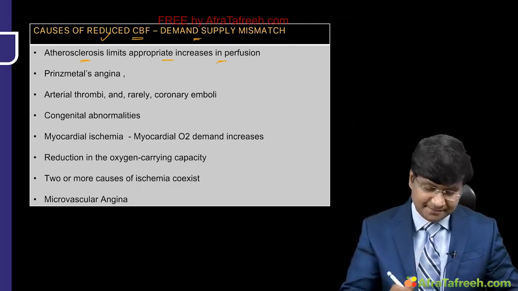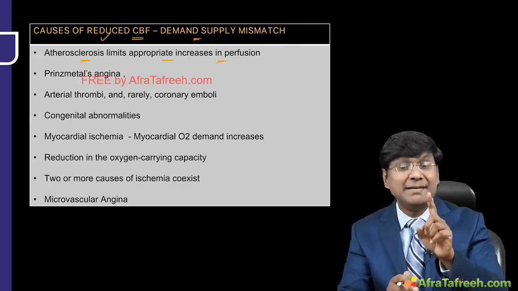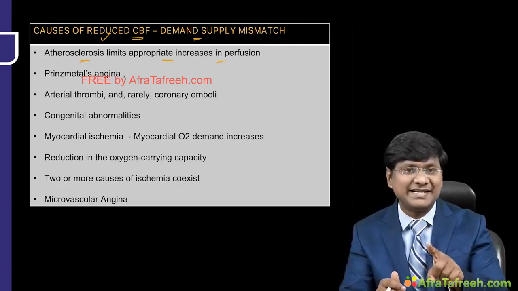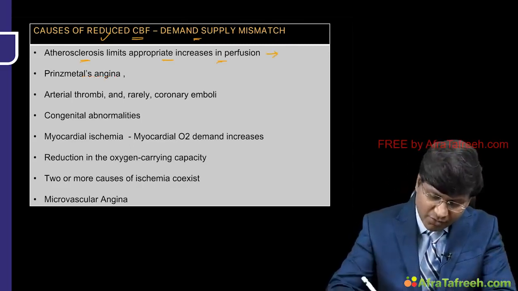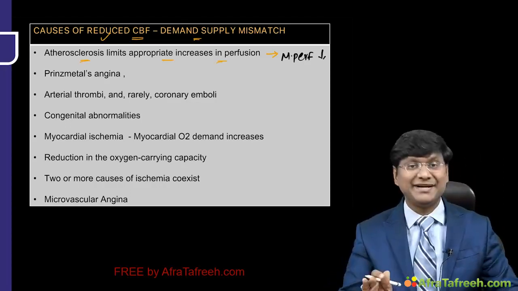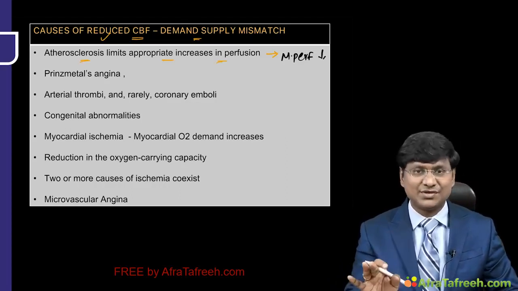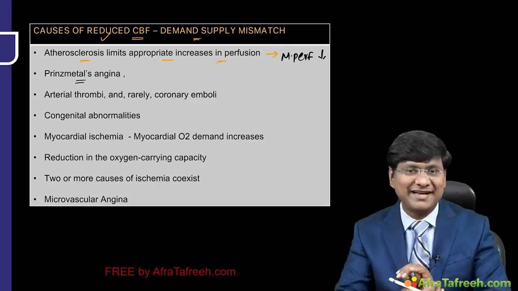And when the luminal reduction by atherosclerosis is severe enough, myocardial perfusion in the basal state is reduced. So one of the reasons for reduced blood supply to the coronaries is atherosclerosis. Next, the other important etiology is Prinzmetal angina.